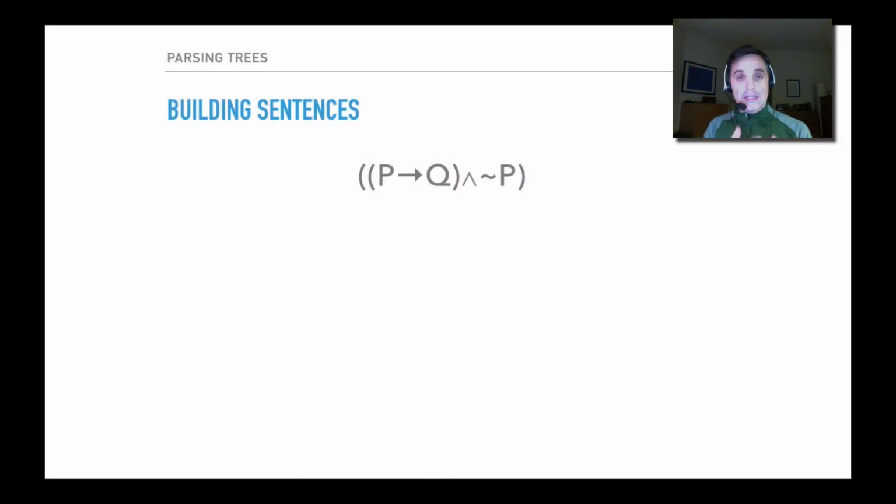If you start with a big sentence, on the other hand, you can break it down. So instead of producing the tree by building up the sentence, you can say, I've been told this is a sentence, let me break it apart. At the first step, you would remove the conjunction because it's the main operator, and you would get the parts: the P or Q conditional as one part, and the negation of P on the other. Are we done? No, because our tree needs to break down to the ultimate parts, which are the sentence letters by themselves.